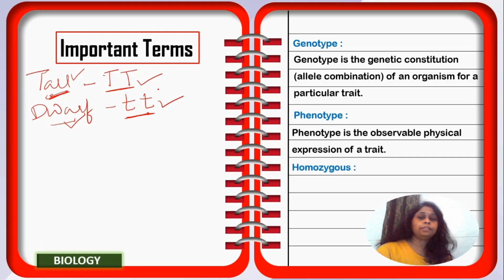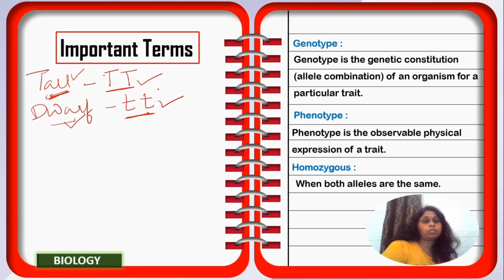Okay, and in this there are other two terms, homozygous and heterozygous. Now what is homozygous? When both alleles are same, as we see here, capital T, capital T, or small t, small t, this is homozygous. Why is it homozygous? Because both the alleles are same over here.